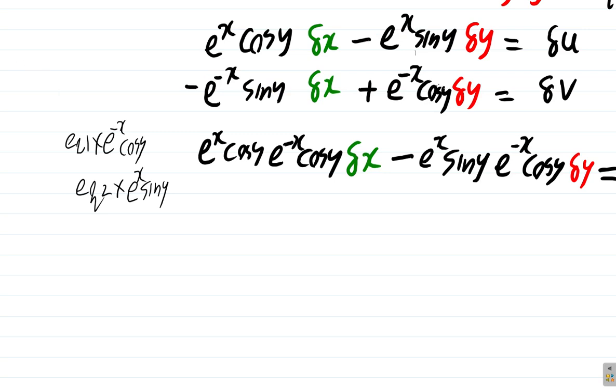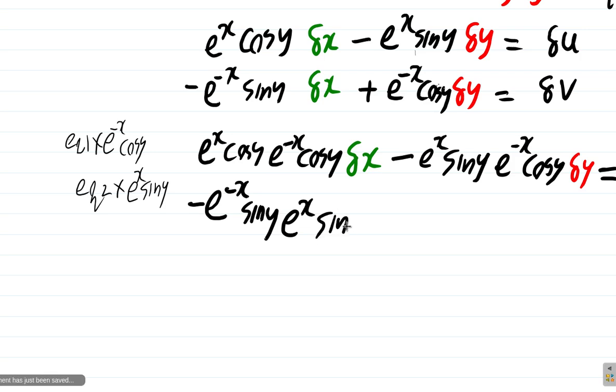See it? Alright, so it's negative e to the negative x sin y times e to the x sin y, and delta x here. So you see that?